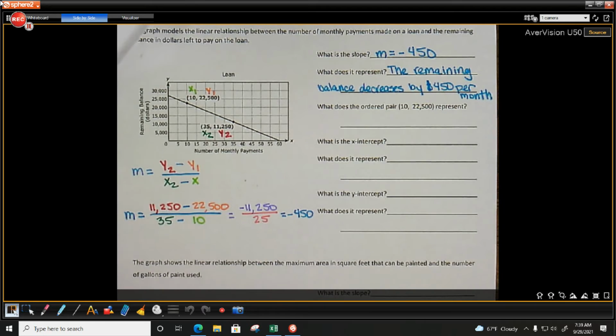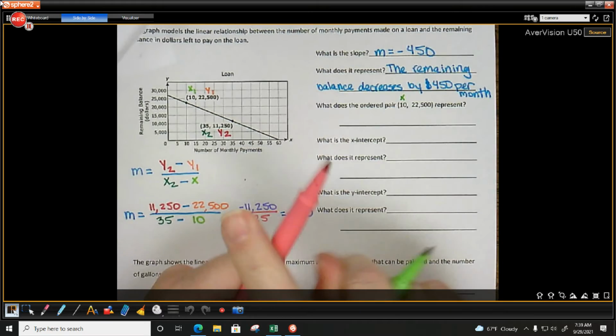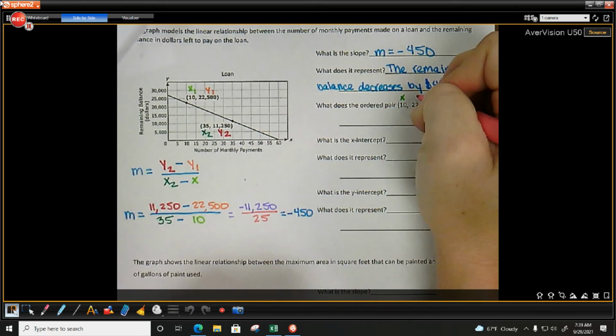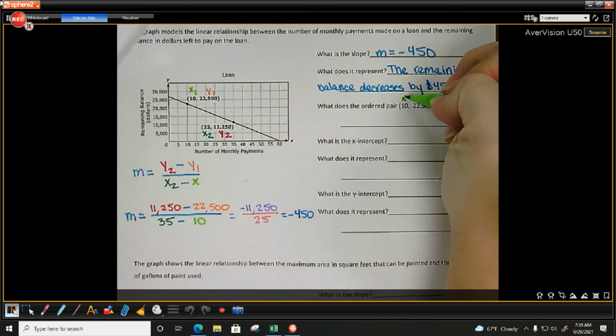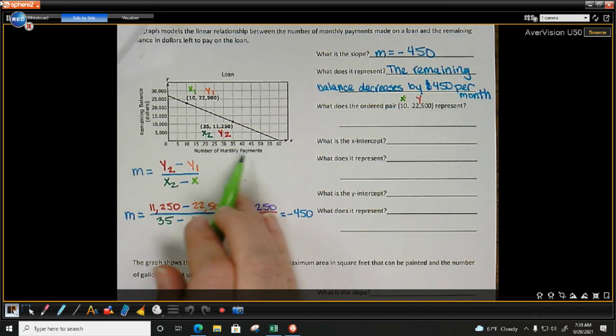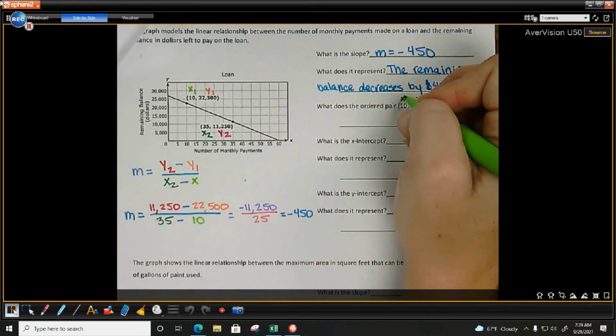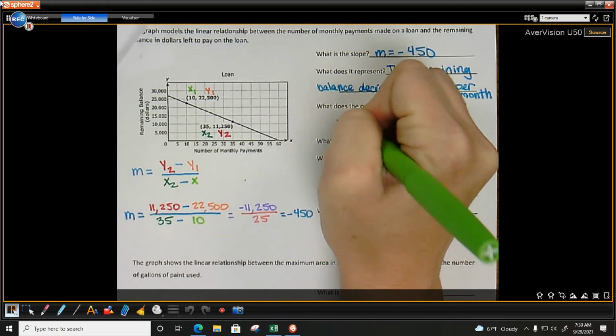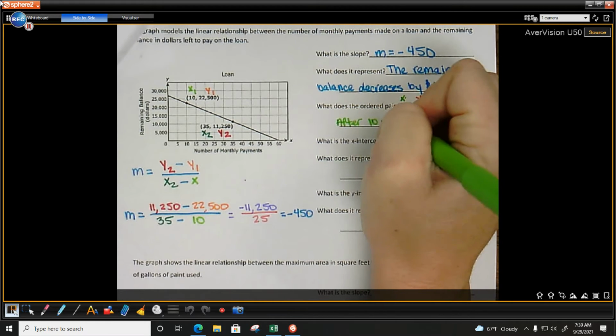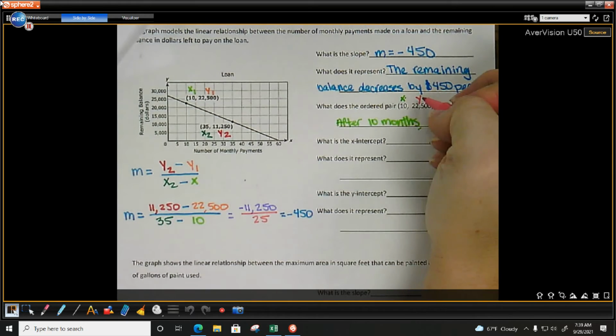What does the ordered pair 10, which is your x, 22,500, what does that mean? Well, x is labeled what? So after 10 months, what's the y labeled?